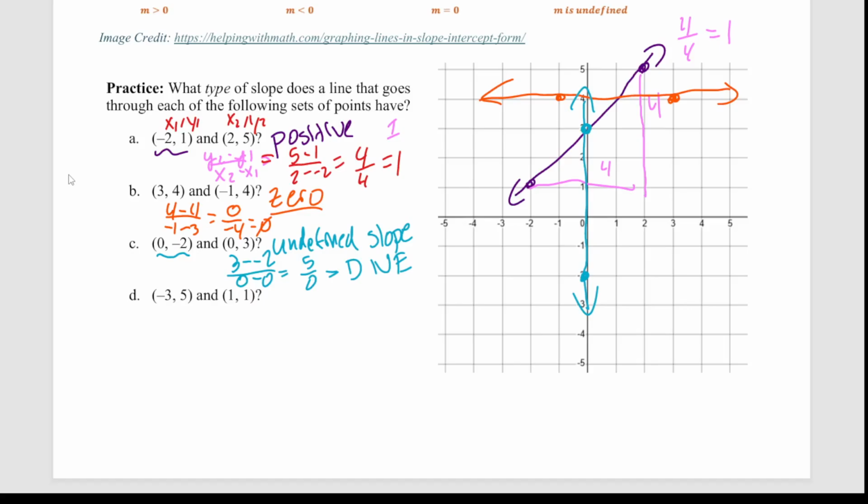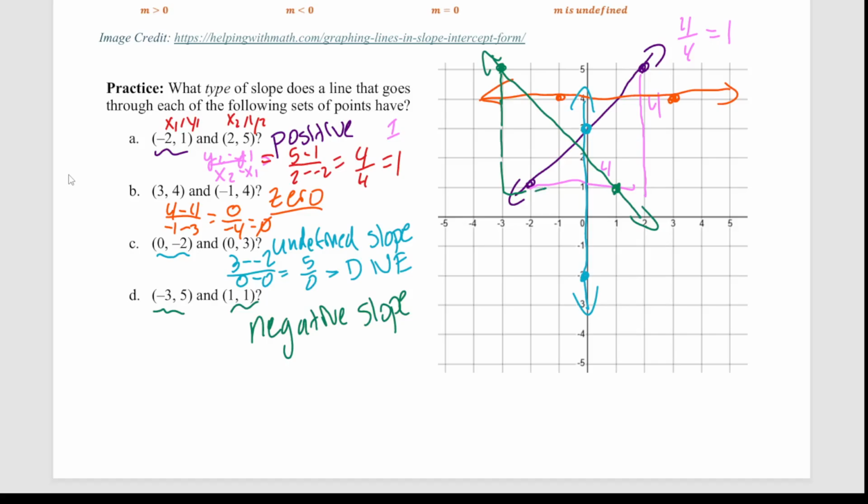And last but not least, these last 2 points, if you were to plot -3, 5, and 1, 1, and then connect those points, from left to right that line is going downhill, so that would definitely be a negative slope. And I lied before, I said I wouldn't formally find the slope for these, and we might as well. So here our rise is 1, 2, 3, 4.